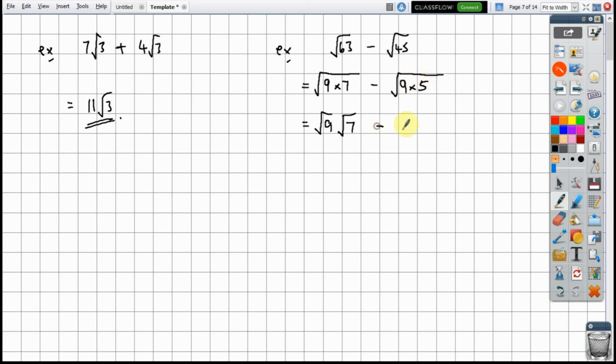Now, let's see what we've got. 3 root 7 minus 3 root 5.